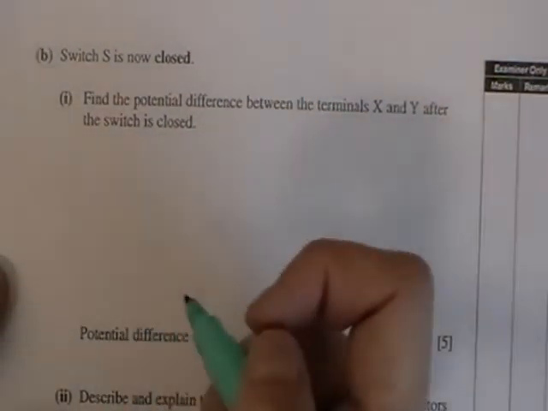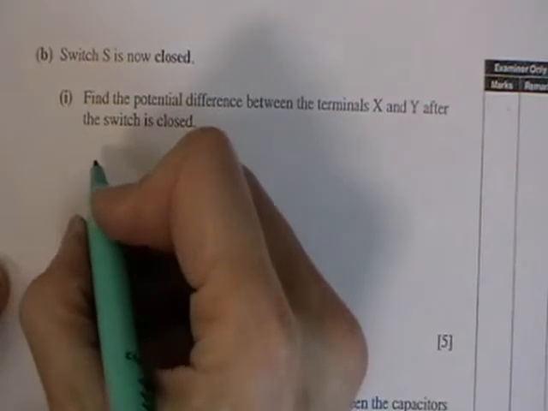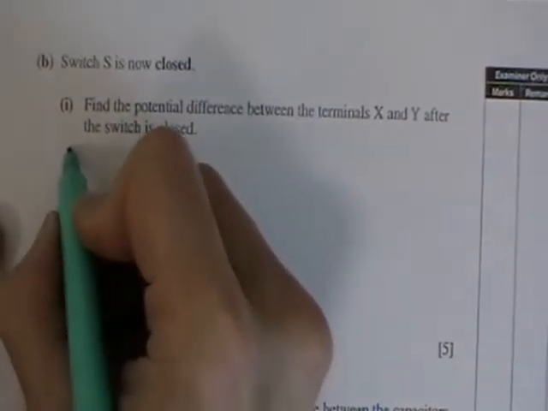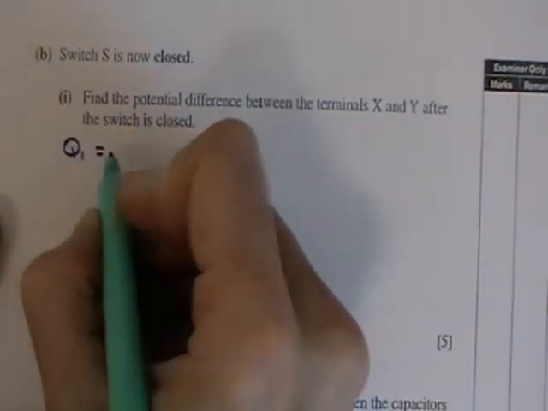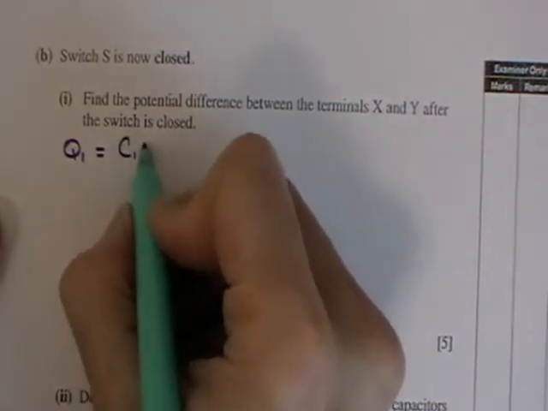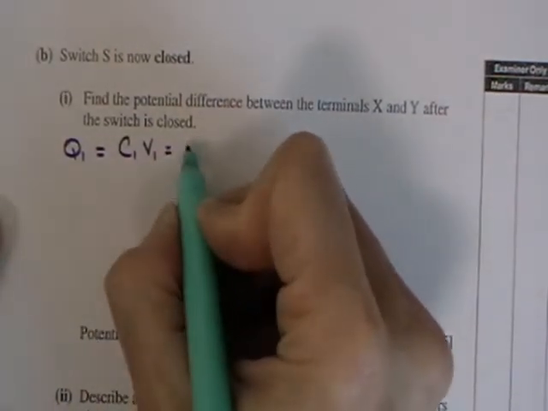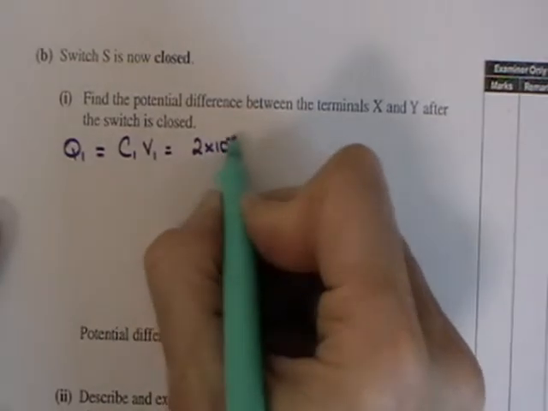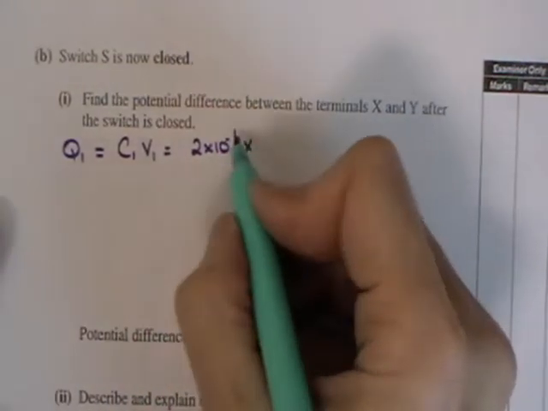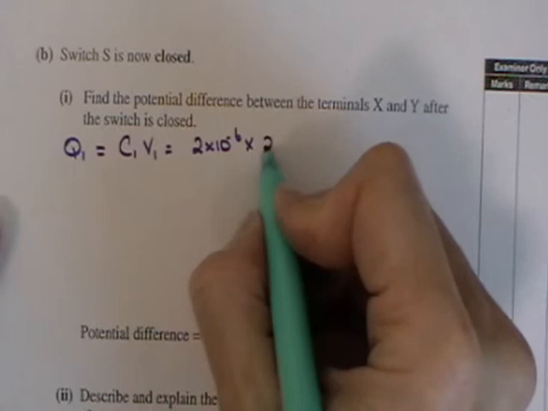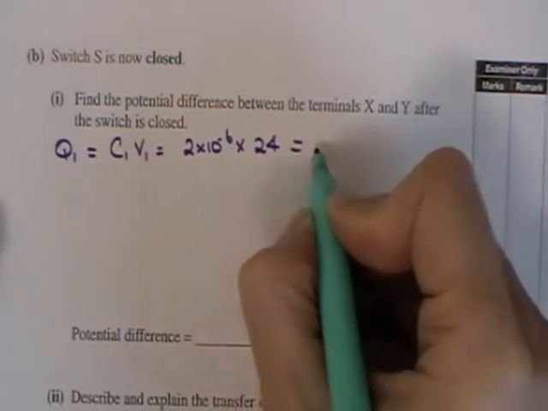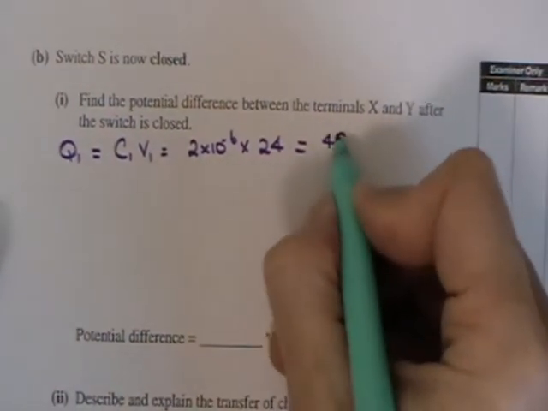So first of all, you can calculate the total charge across C1 originally. The charge across C1 is C1V1, which is equal to 2 microfarads times the voltage of 24 volts across it, and therefore it's got a charge of 48 microcoulombs.